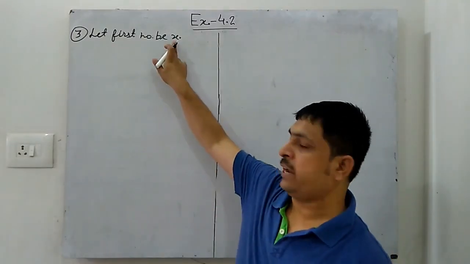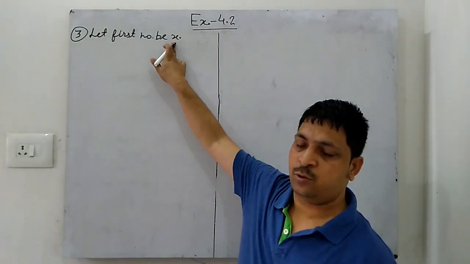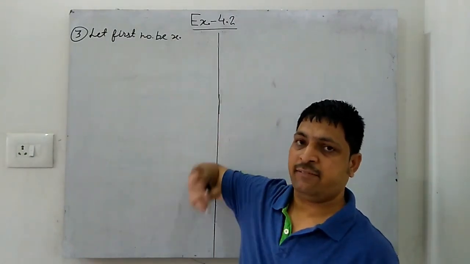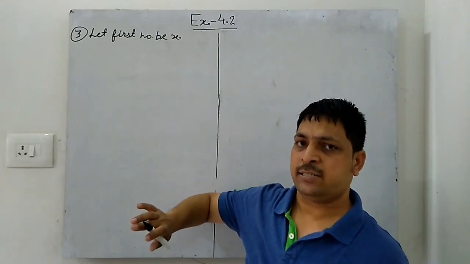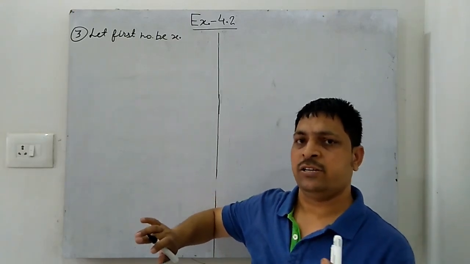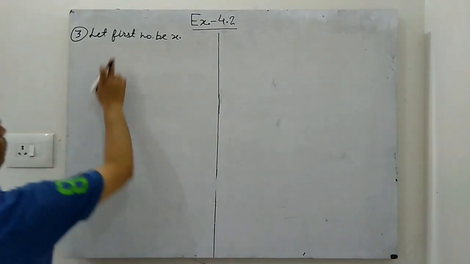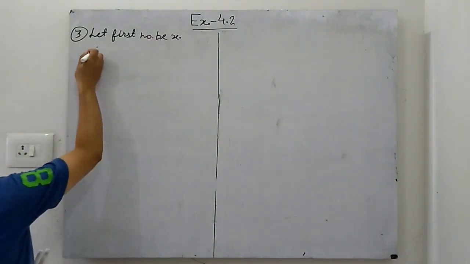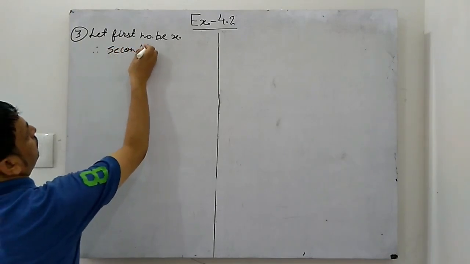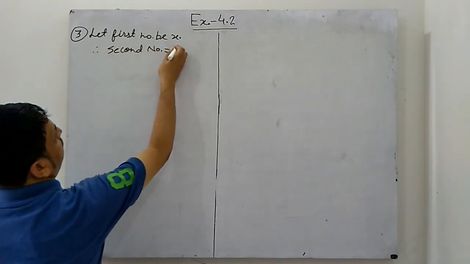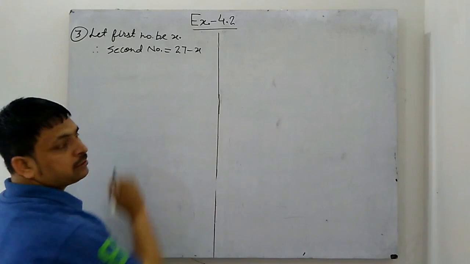Now we have assumed that one number is x. So the second will be 27 minus x. If we subtract one number, then we will get the second number because the sum is 27. So the first number is x, then the second number will be 27 minus x.